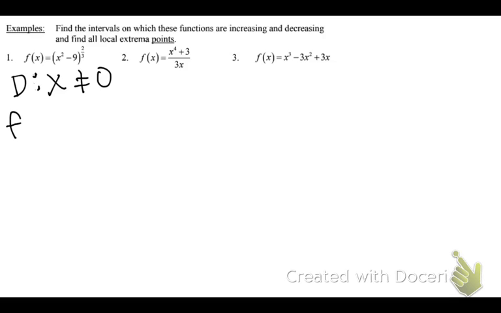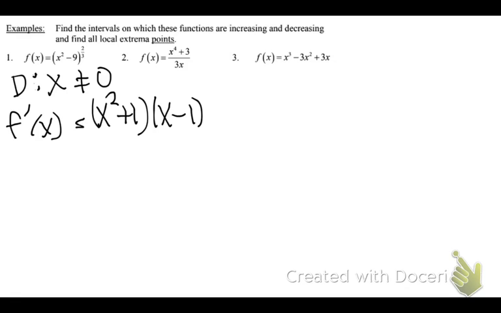And our derivative is x to the 4th minus 1 over x squared, which can be factored using a difference of squares, to x squared plus 1 times x squared minus 1. And x squared minus 1 is x minus 1, x plus 1, all over x squared. That will just help us to get our critical values.